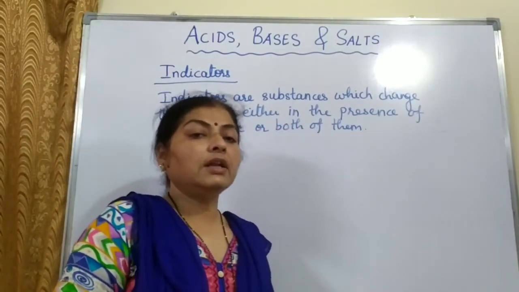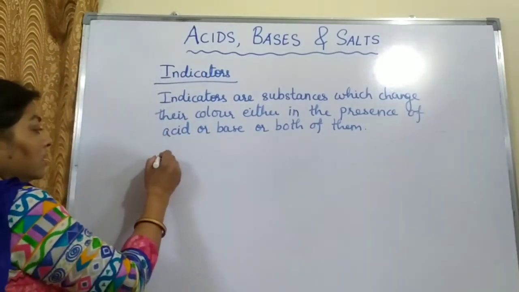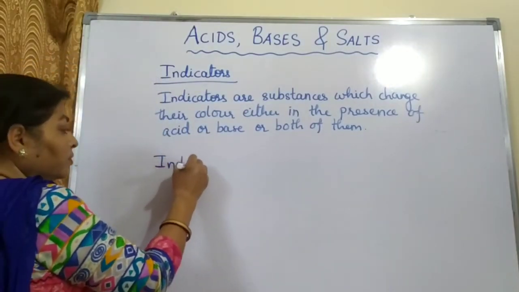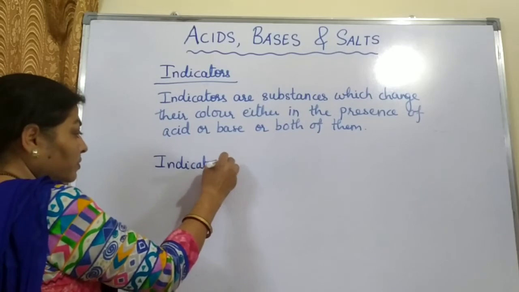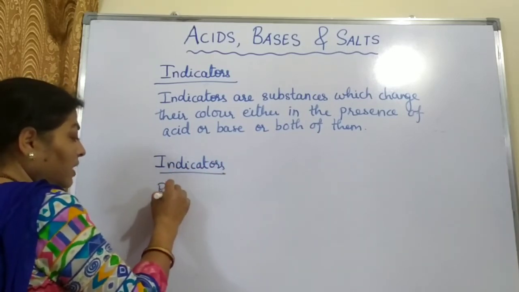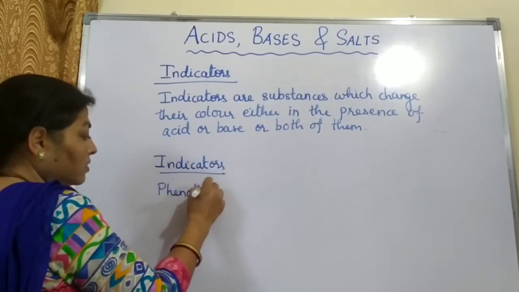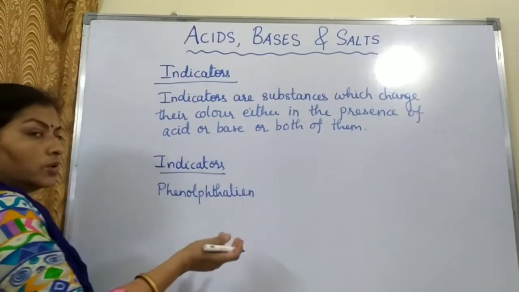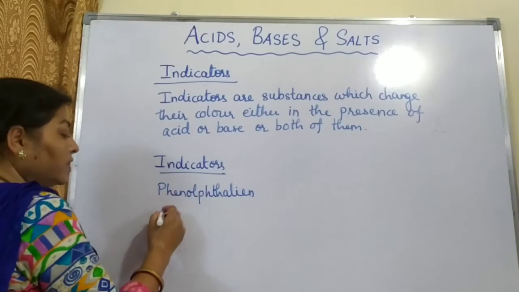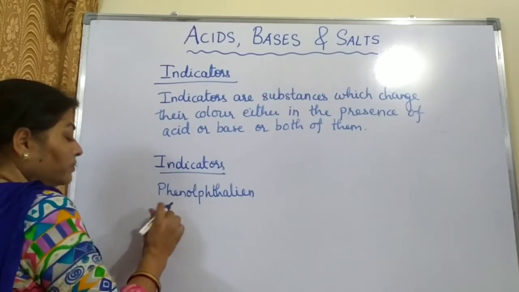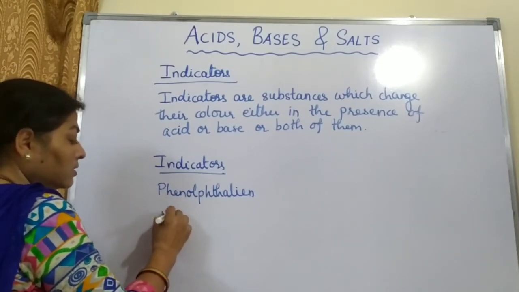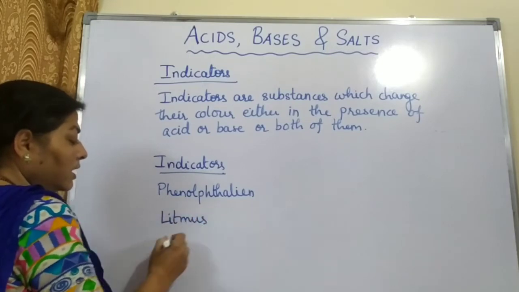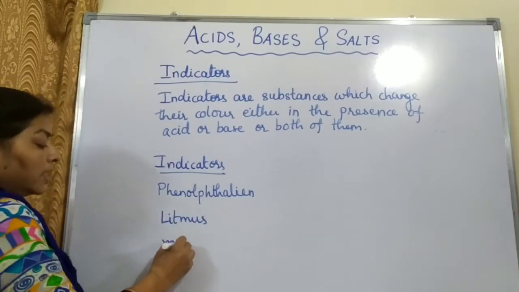So you have seen a number of indicators. For example, phenolphthalein. Now as it is a lockdown and we are not in the school, I can't show you these chemicals, phenolphthalein and then litmus, and one more, methyl orange.